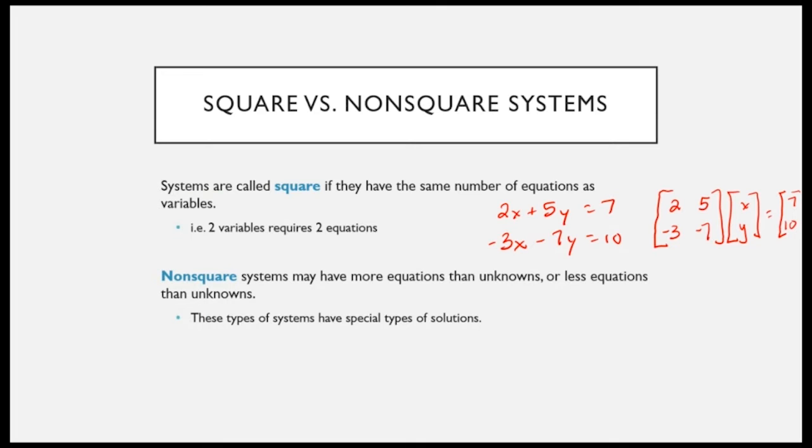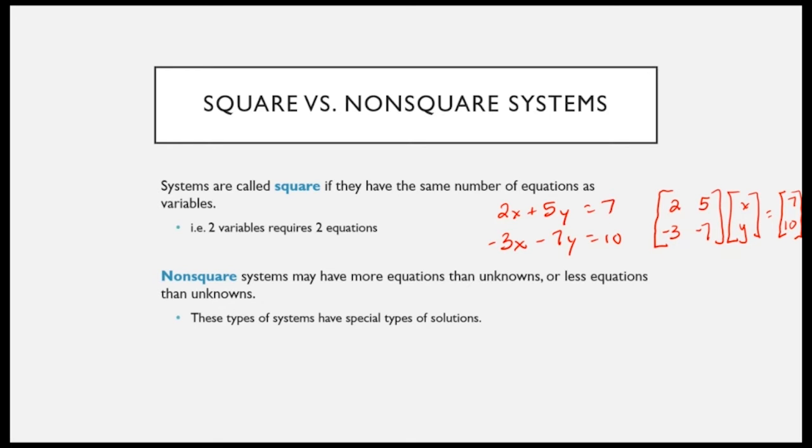This will make more sense next week, but you can see that the coefficients in front of the x and y form a square. So that's why it's called a square system. And we know that there are usually solutions to these types of systems. Sometimes there's no solution, sometimes there are infinitely many, but most of the time there are solutions.